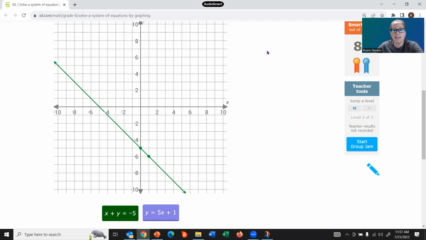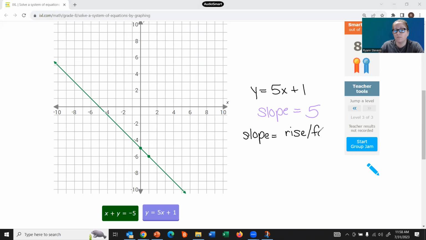So now we can move on to the second one, which is written a little bit more friendly, where we can see we have y equals 5x plus 1. This is written in slope-intercept form, so we can clearly see the slope is a +5. And so our slope is our rise or our fall over our run. So this would be a positive for rise and negative for fall.